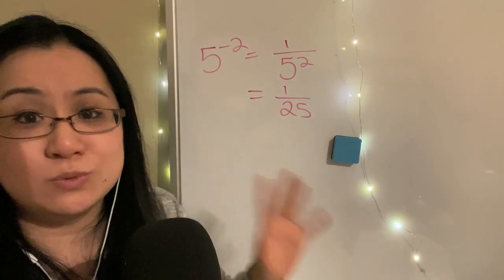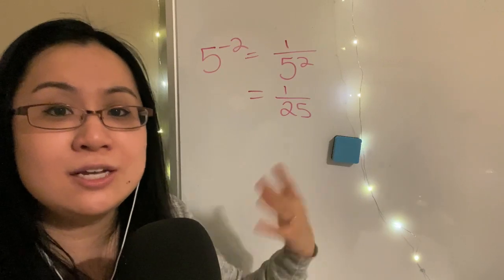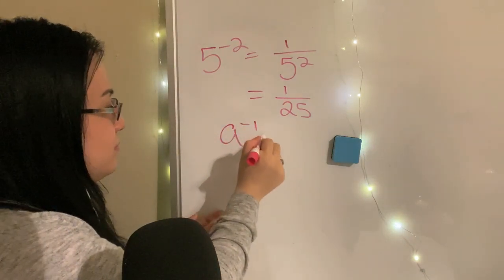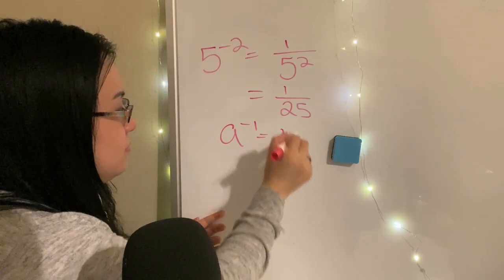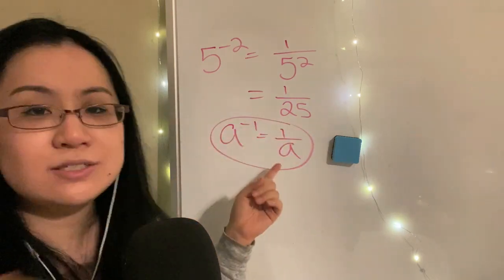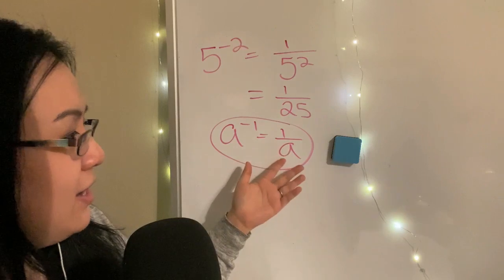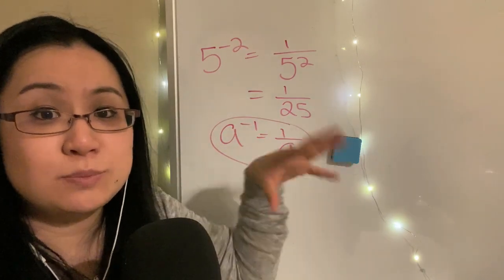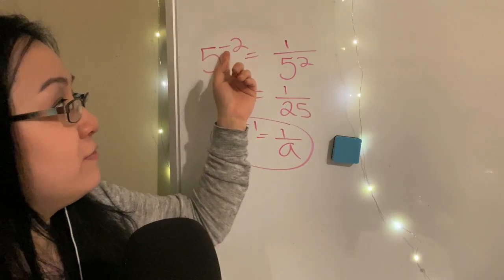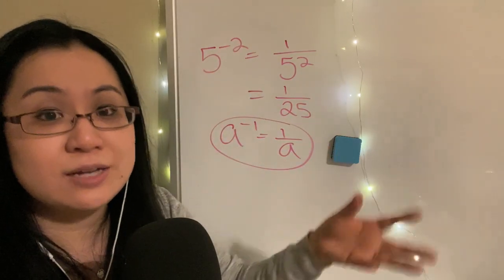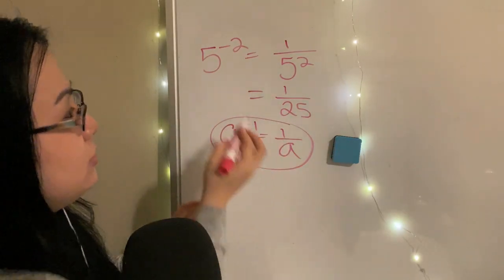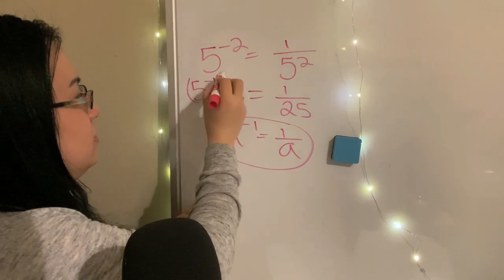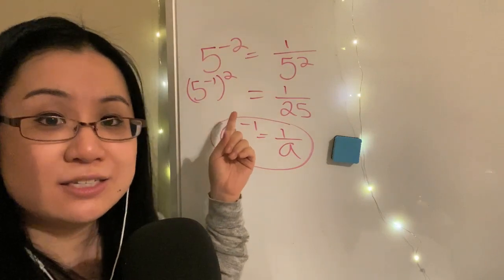But as far as a rule goes, it's really just a to the negative 1 is equal to 1 over a. And then from here, we can do the same thing that we did with the exponents, breaking it up, so negative 2 is negative 1 times 2. We could think of it like this, right?